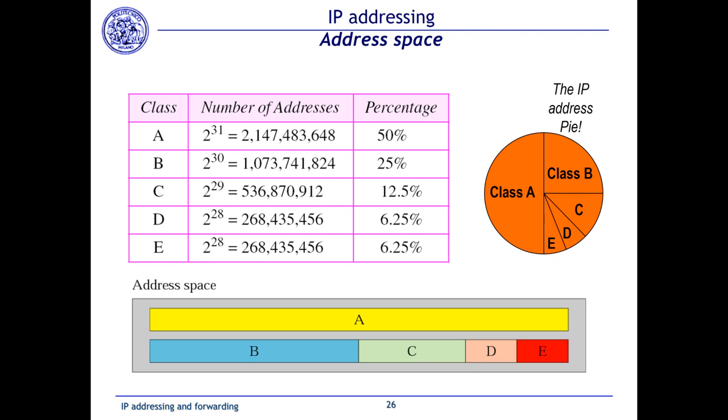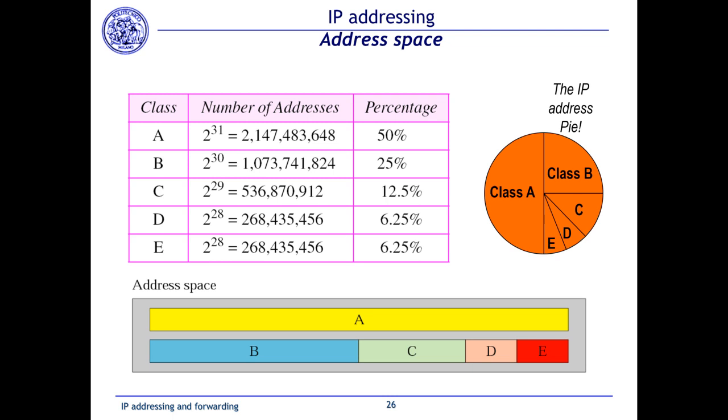And if you do this, you notice that class A takes 50% of this pie. Class B, 25%, so 1/4. Class C, 1/8, and then class E and D take together the other 1/8.